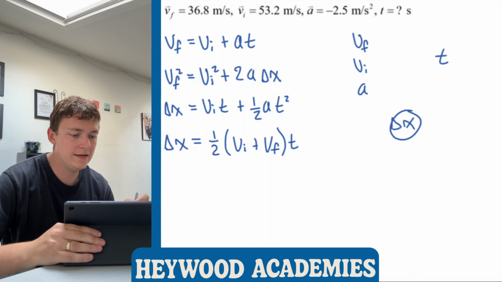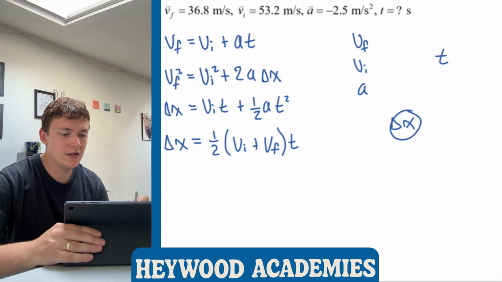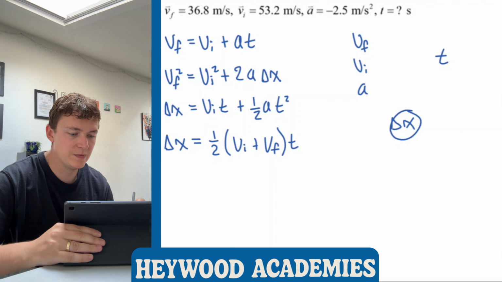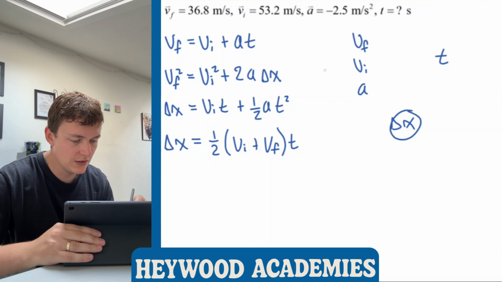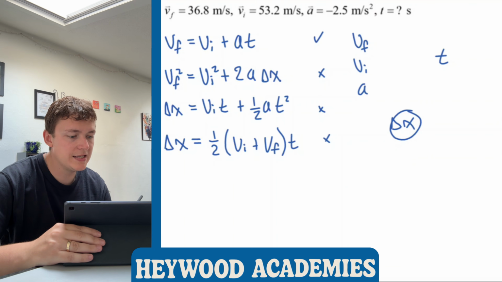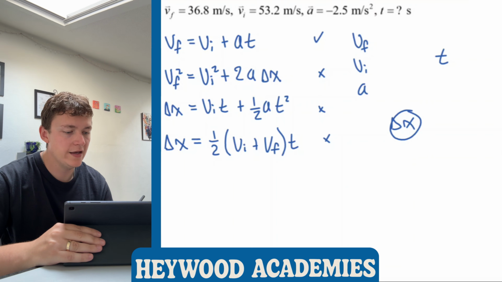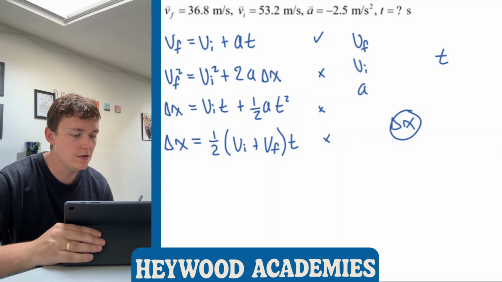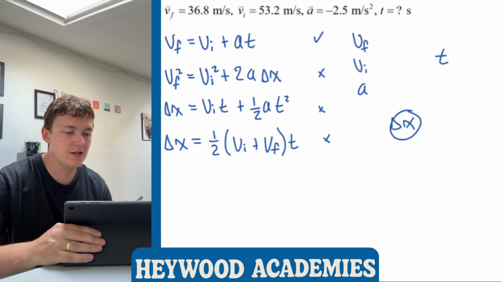So that means that when we look through this list, we want to exclude any of the ones that have displacement in them. So that's going to be this one, and this one, and that leaves us with the first one. So it's an easy way to tell which equation you want to use, is just to look for what you don't have and what you don't want, and try and find an equation which does not include that.